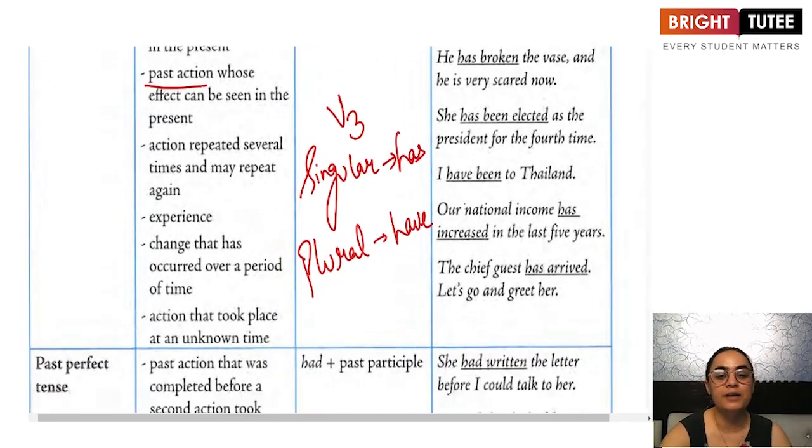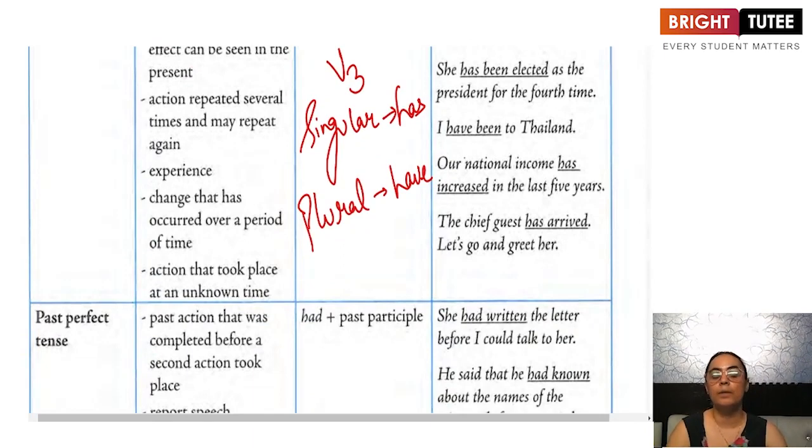Next, we use the present perfect tense to talk about an action that repeated several times, again and again, for the past many years. If I say, he has been elected as the Prime Minister for the past 5 years.